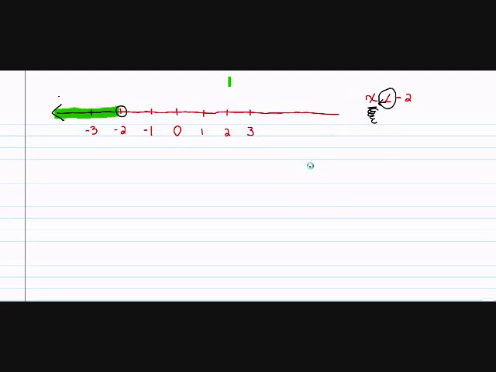Let's try another one. What if x is less than or equal to 4.5? And draw my number line. I have 4.5, so I'm going to start with 0, 1, 2, 3, 4, 5. Okay. 4.5 is between 4 and 5.